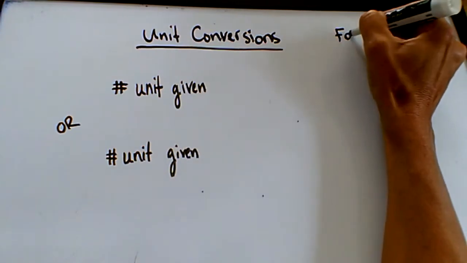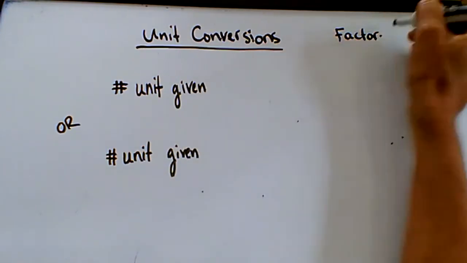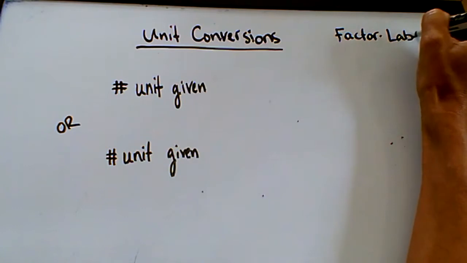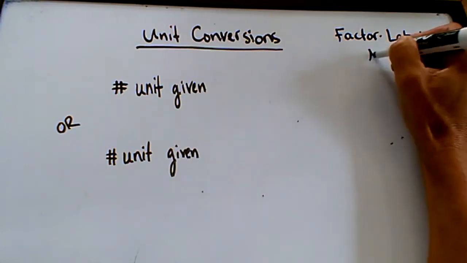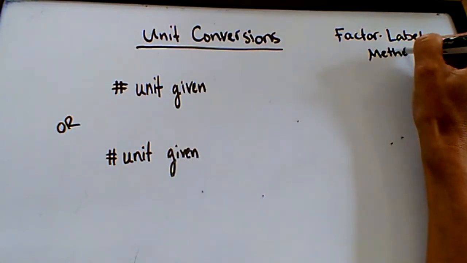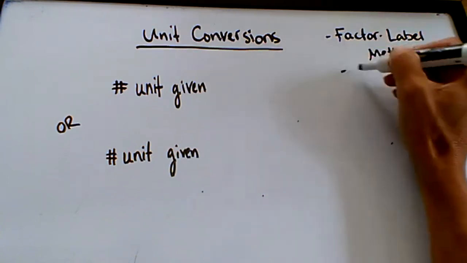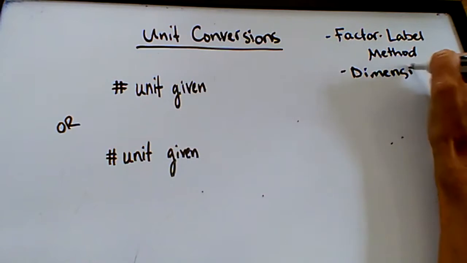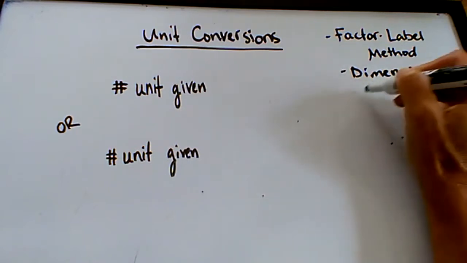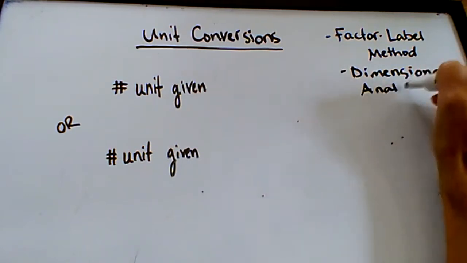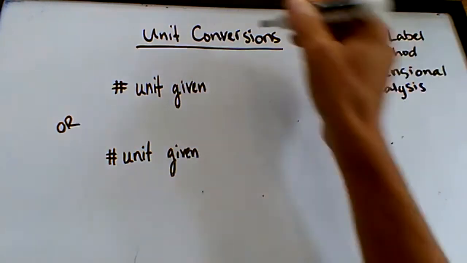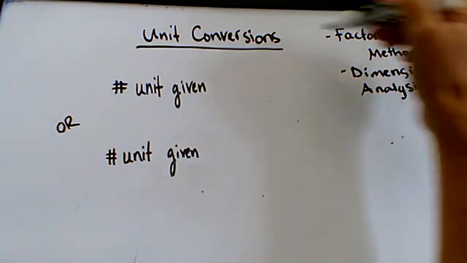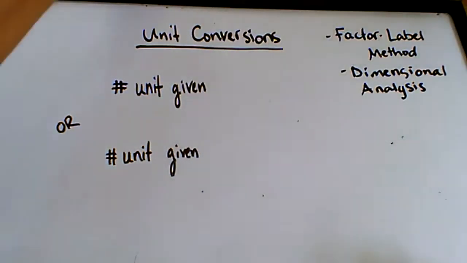All right, you are learning the factor label method of converting units. This is also referred to as dimensional analysis. All right, that is what we are looking at today. And it's simply fancy words for unit conversions, all right?